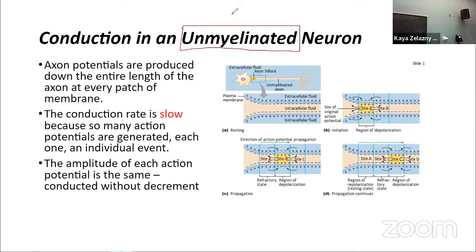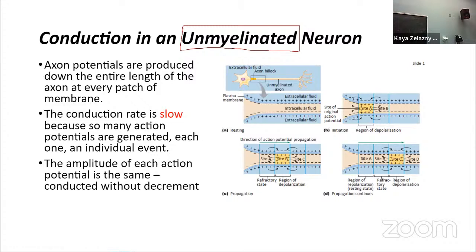These bare thread neurons, these unmyelinated neurons, have comparatively slow conduction because they're going to have to trigger each and every piece of the membrane of their axon. That's not going to be the case when we think about the myelinated neurons.